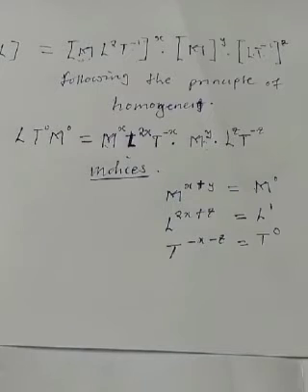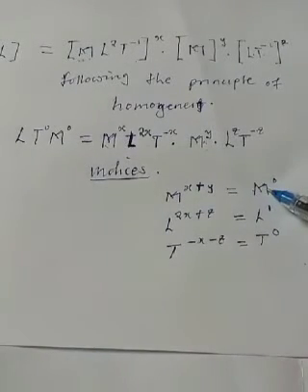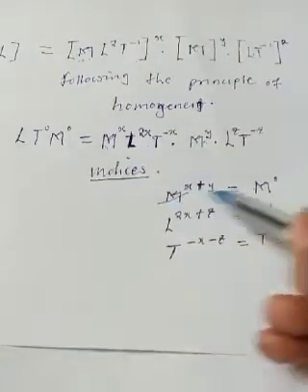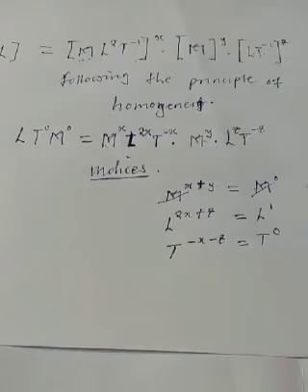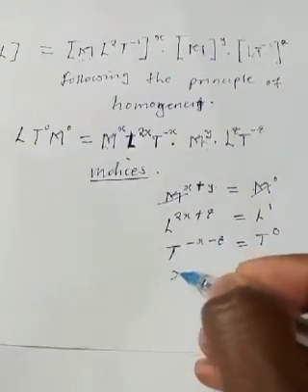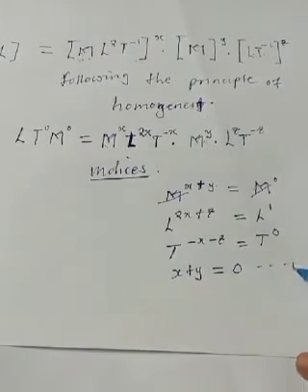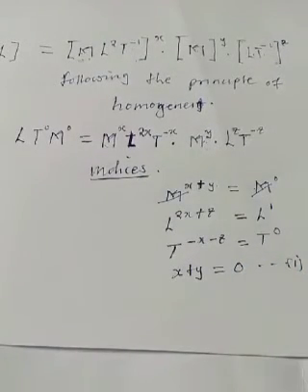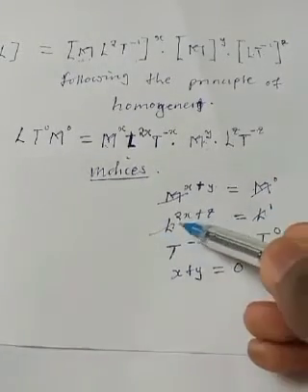Okay, so now where we are here, what we're going to do is these that are common, you can cancel this, you also cancel that. We're going to have the powers only. So this is going to be x plus y equal to 0. It will be my first equation. The next equation, that one they are common, equate the powers.